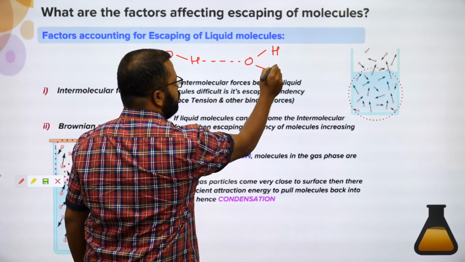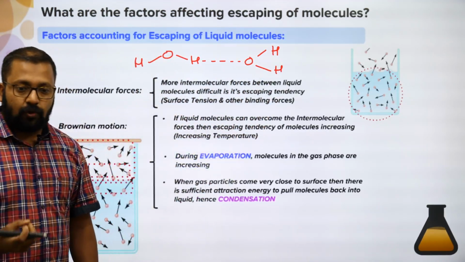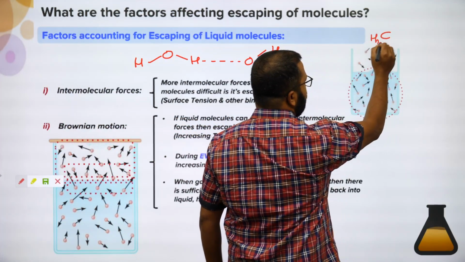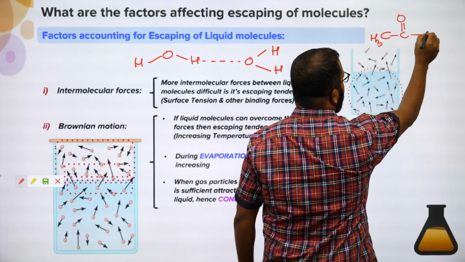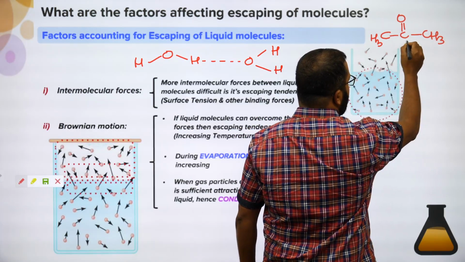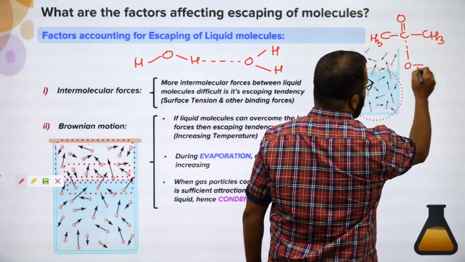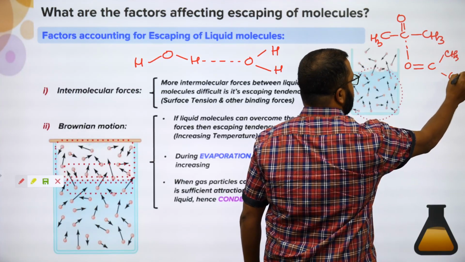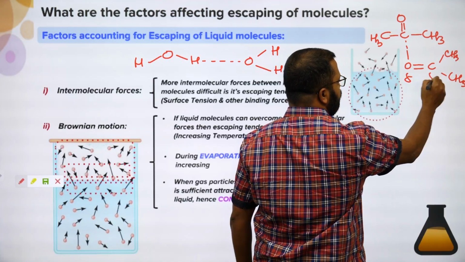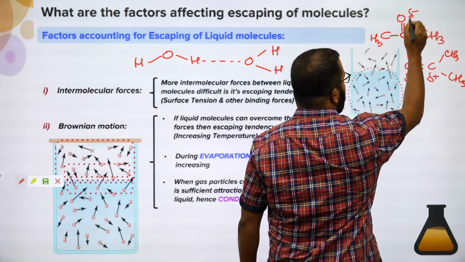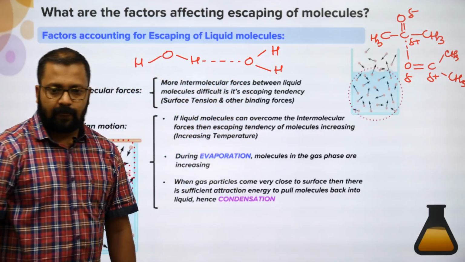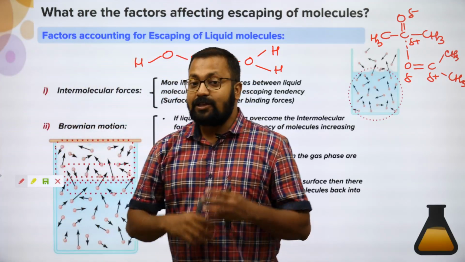And acetone, if I take acetone, acetone only has dipole-dipole interaction. This is the negative end of the dipole, positive end of negative end, positive end. But over here there is a hydrogen bonding, which is a stronger force.